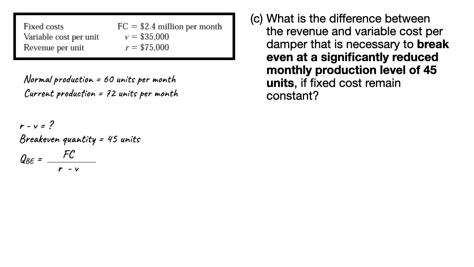So you can just use the break-even quantity formula, substitute the fixed cost with 2.4 million, and the quantity at break-even is the new quantity, which is 45, and you can simply calculate your difference of revenue and variable cost and you will get a value of $53,333 per unit. In other words, the selling price is recommended to be $53,333 without the variable cost.